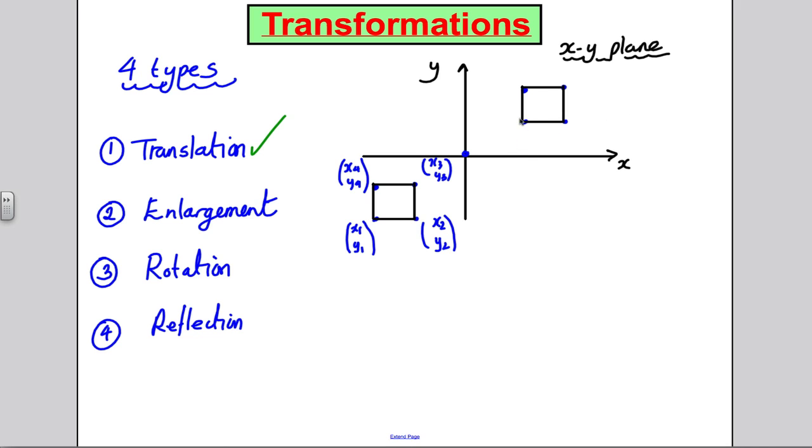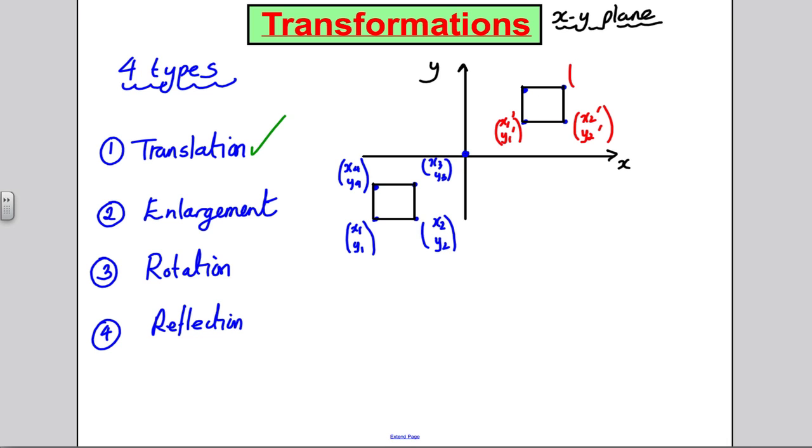Now it's got a new set of coordinates for each of its points. And I'm going to call these position vectors. I'm going to call this one, because it relates to x1, x1 dashed. I'm going to call this one y1 dashed. This one x2 dashed, this one y2 dashed. And I'm sure you get the picture of what I'm doing with all the others.